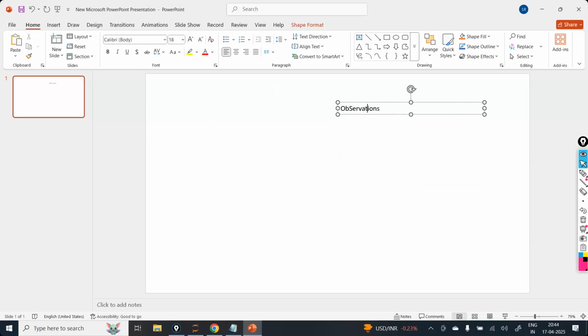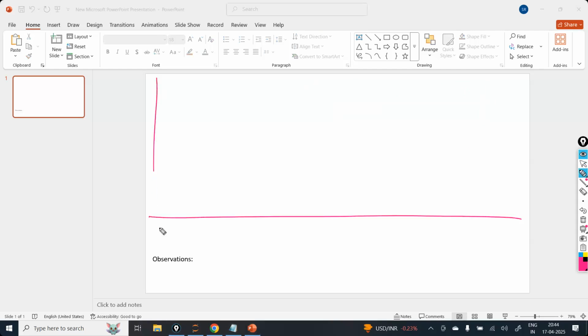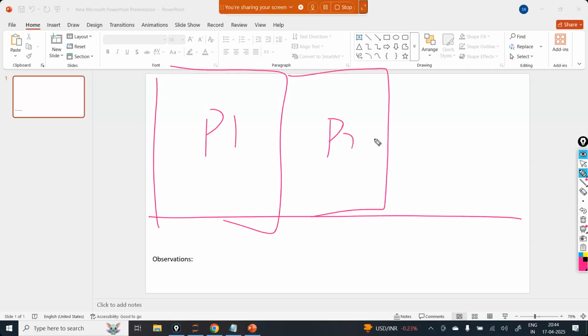Okay, heading is observations. Now first assume that I have kept a total of 3 plots. Plot number 1 from here to here, plot number 2 from here to here. This is plot 1, plot 2, plot 3. Total 3 plots I am having.